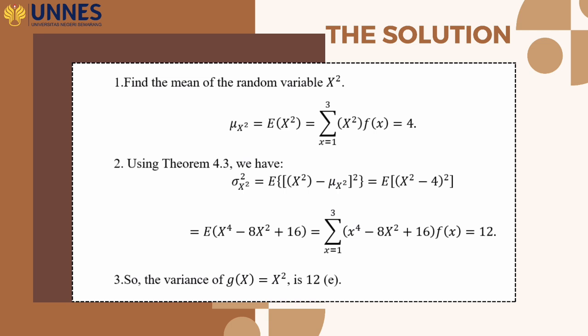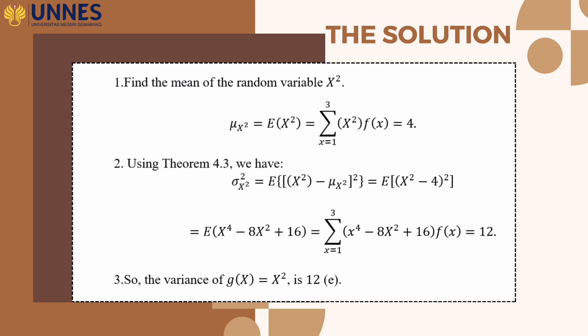Okay, next we must use the theorem from before. Because this is discrete, we use the theorem for when X is discrete. So sigma squared of g(X) equals E[(x squared minus 4) squared], where 4 is the value of the mean of the random variable before.